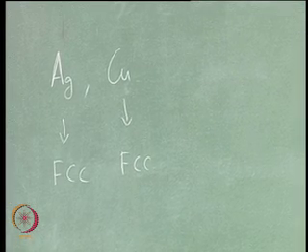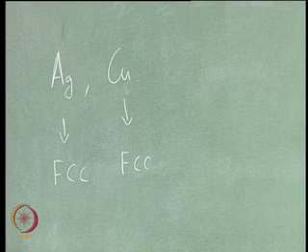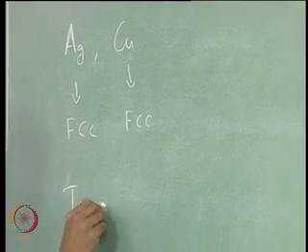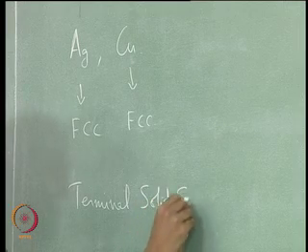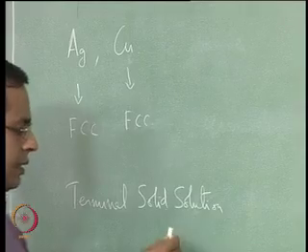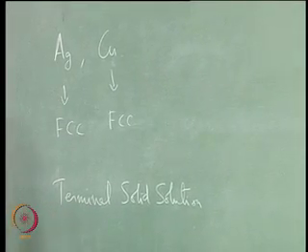you are adding one additional alloying element and you start looking at the phase diagram, you invariably find that the terminal solid solution is FCC. A terminal solid solution is the solid solution that you have very close to the pure component.